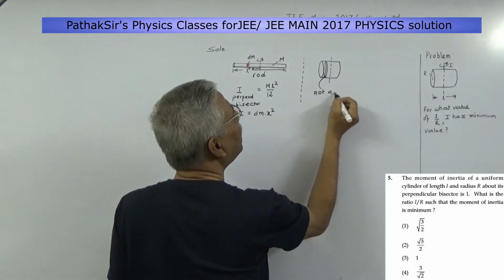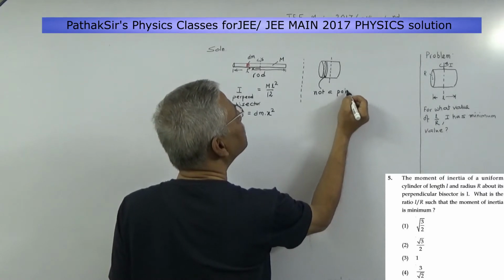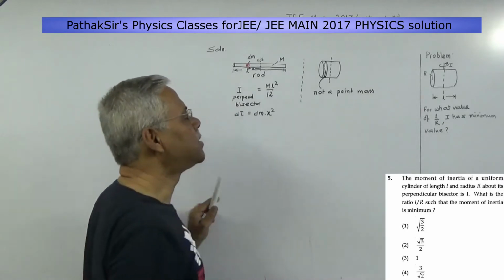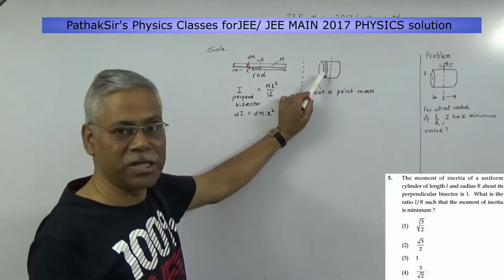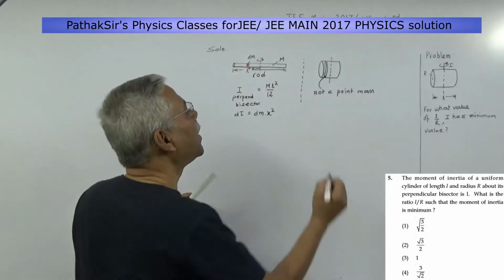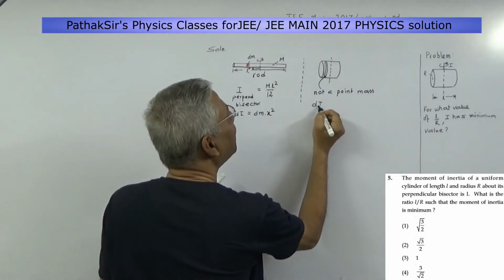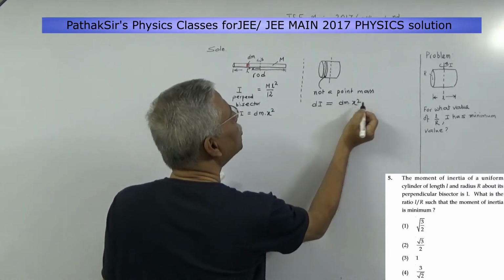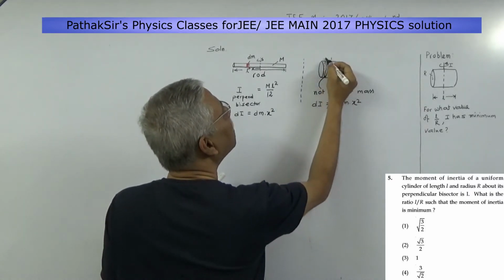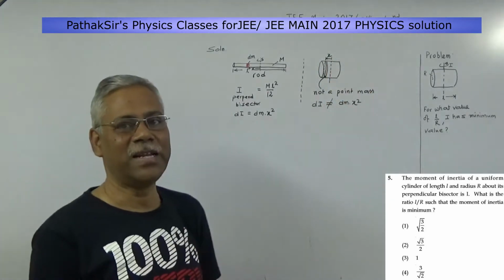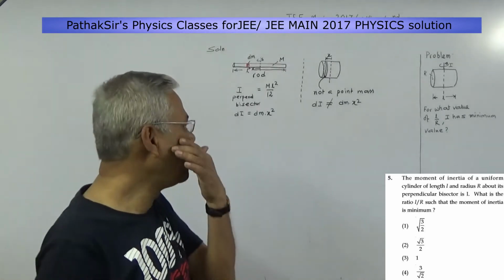Definitely not a point mass. Hence, for this element, the moment of inertia about the axis of rotation cannot be written as dI equal to dm into x square. This is not valid.